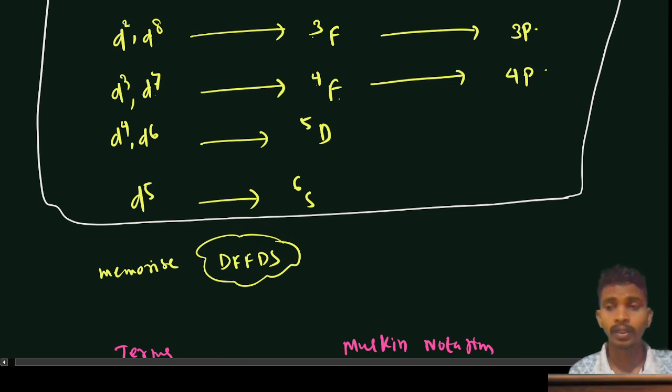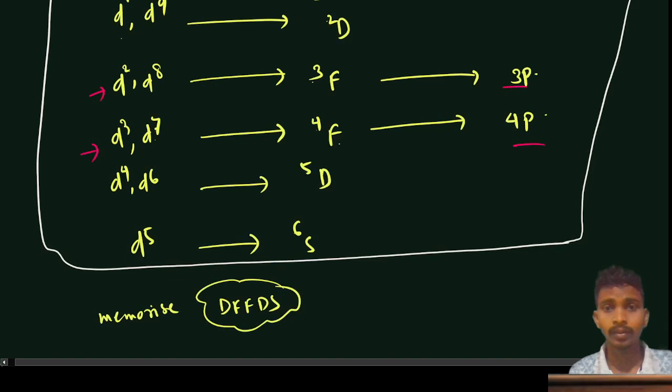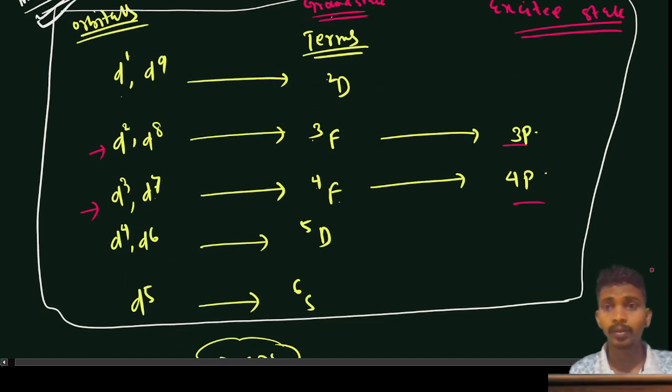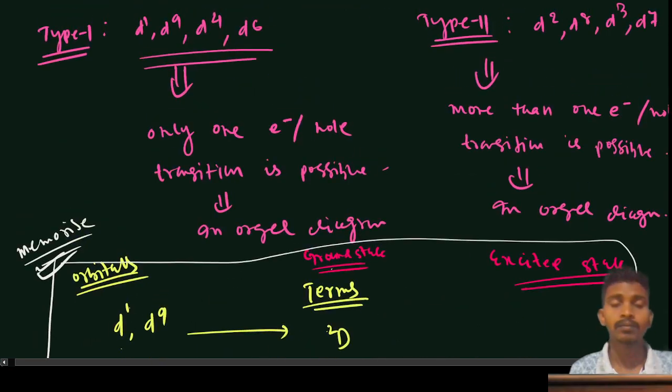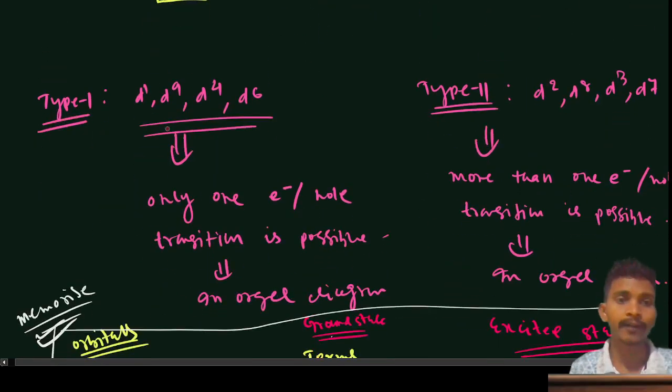Okay, and we can do that here for D2 and D3, that is 3P and 4P excited state is there. Okay, here no excited states are there. Okay, so these are the ground state and this is for the excited state. Okay, so now we will draw the Orgel diagrams for type 1 and type 2.